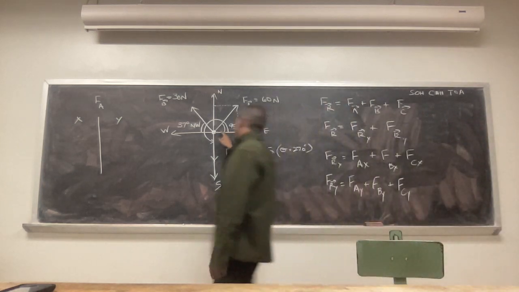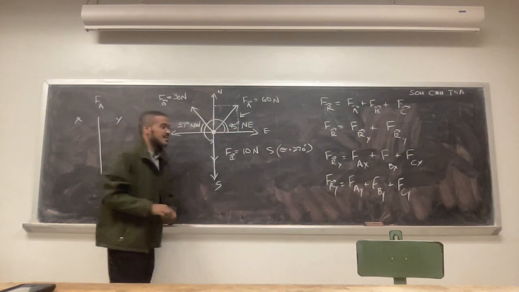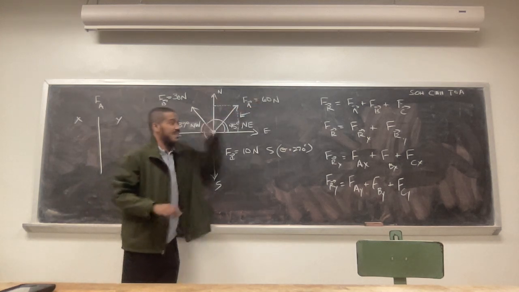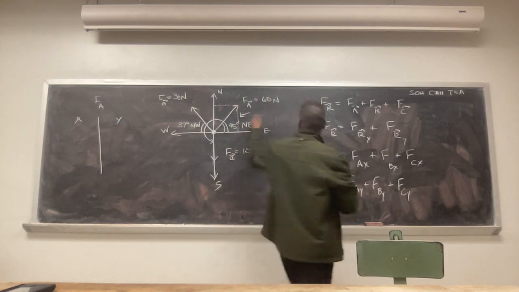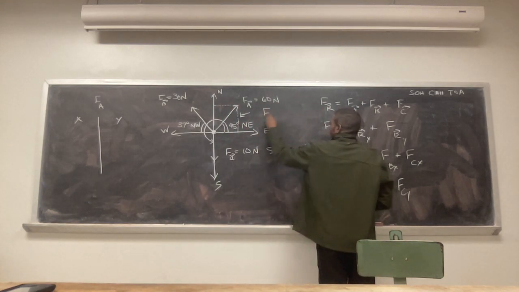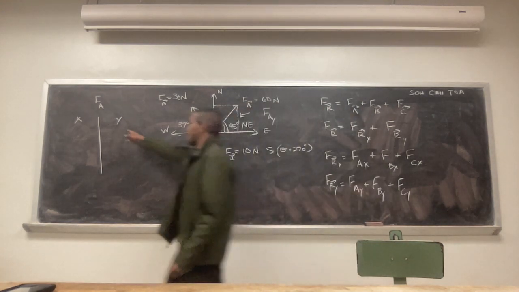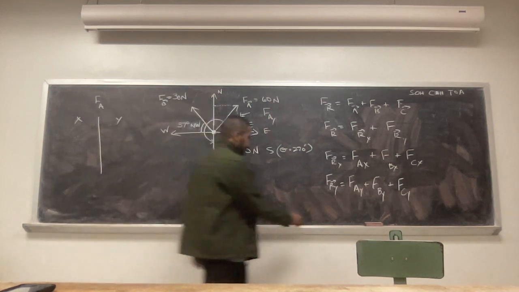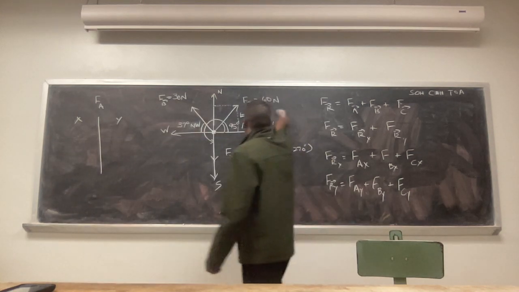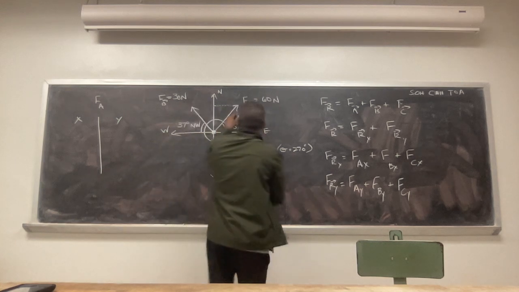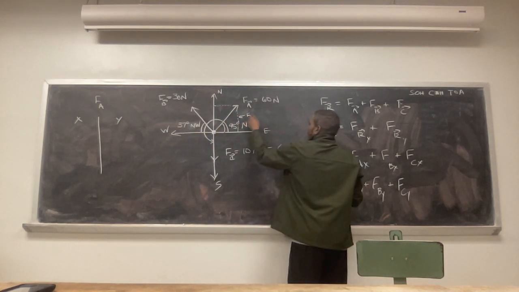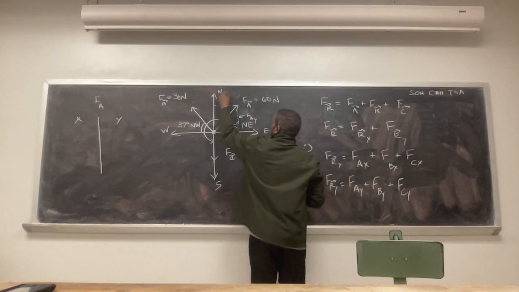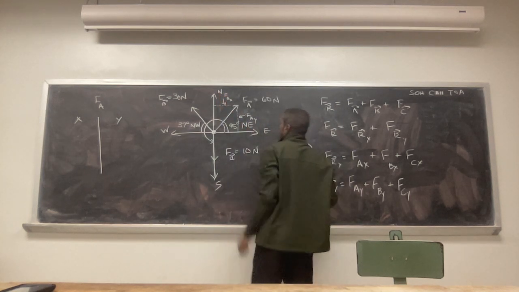So sine of 45 degrees, and 60 is the magnitude of force A. So my y component, F of A y, which I was writing over here. It's going to get messy right there, but I can still identify it. This right here is my F of A y. Here is my F of A x.